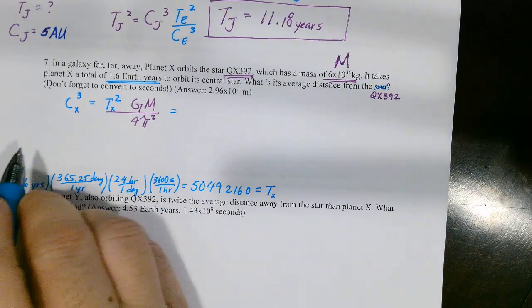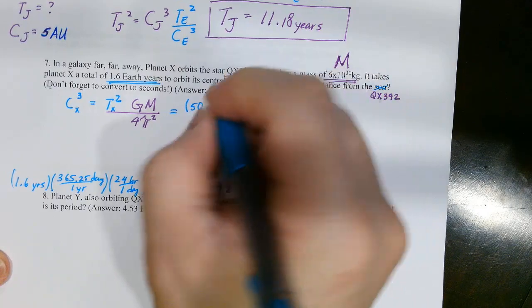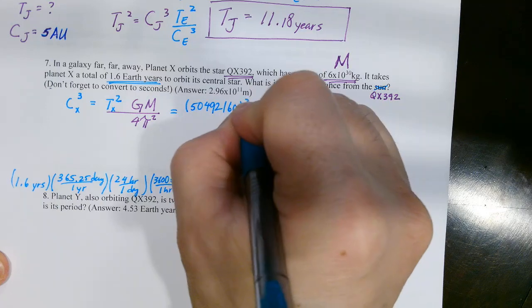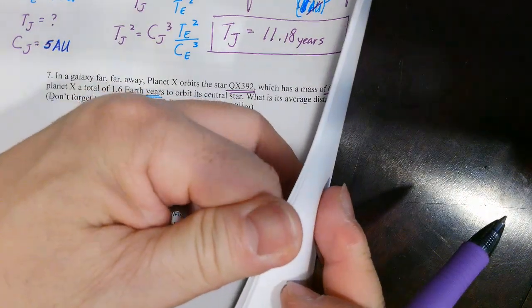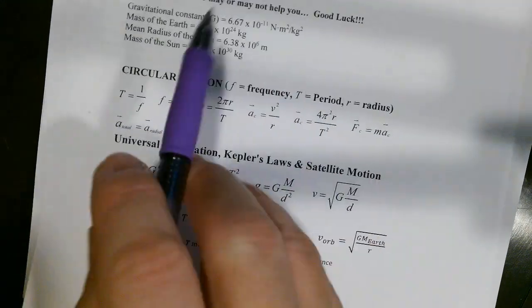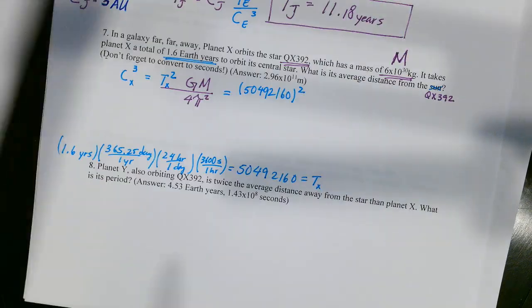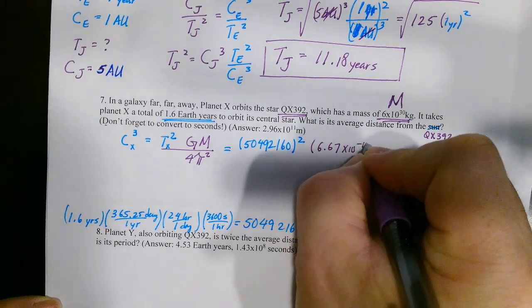So here we could put this in and say 50492160 squared times G. G is really a constant that you need to just know. And I think I gave you that formula sheet, right? And G happens to be 6.67 times 10 to the negative 11th.